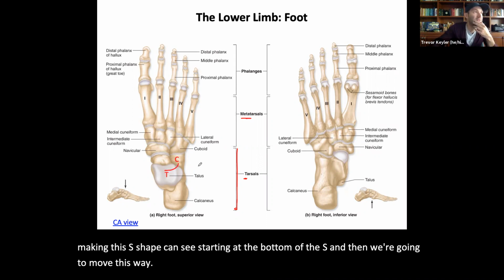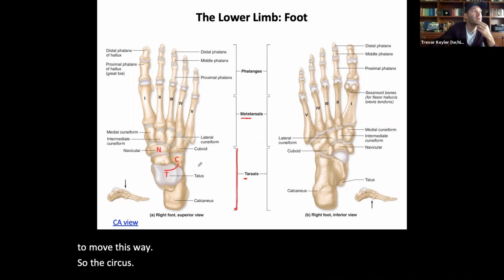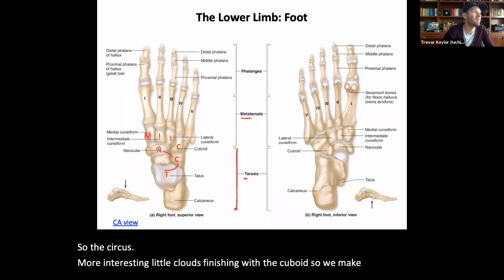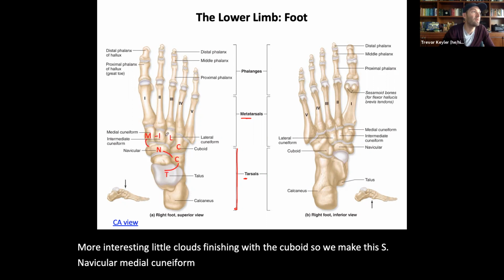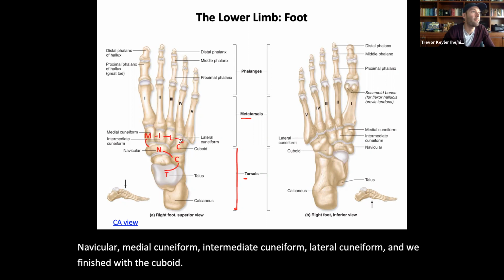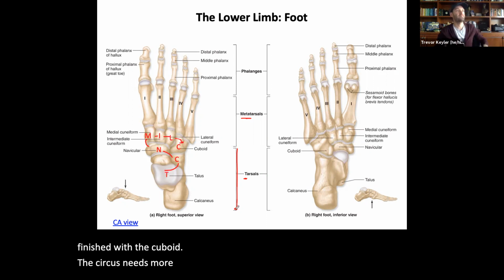So the circus needs more interesting little clowns, finishing with the cuboid. So we make this S: navicular, medial cuneiform, intermediate cuneiform, lateral cuneiform, and we finish with the cuboid. The circus needs more interesting little clowns. Okay.